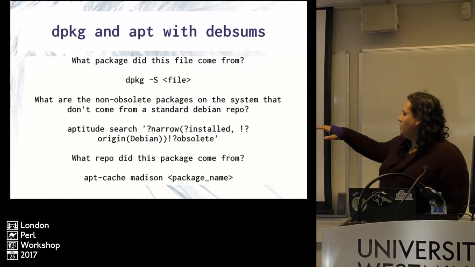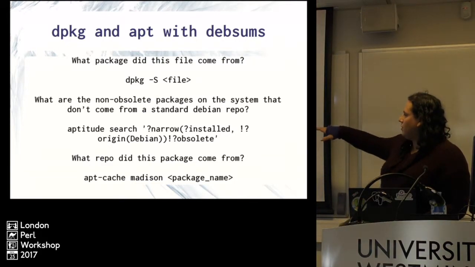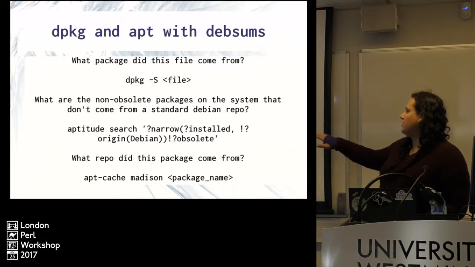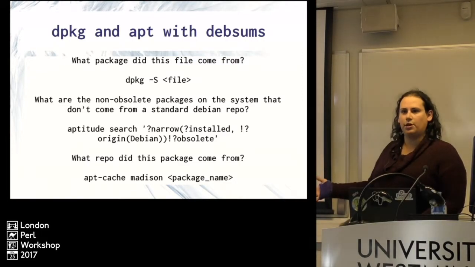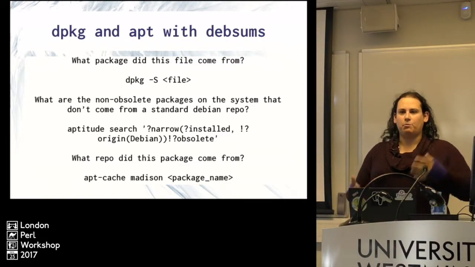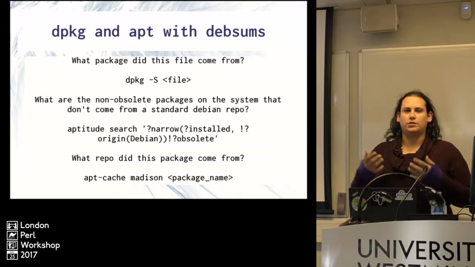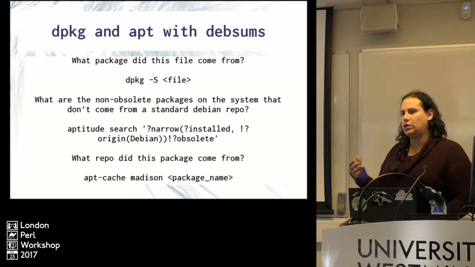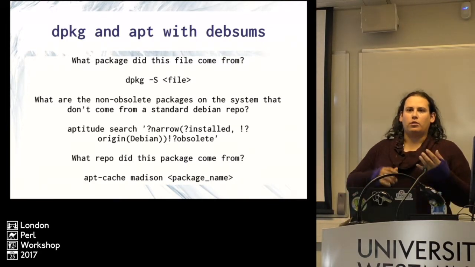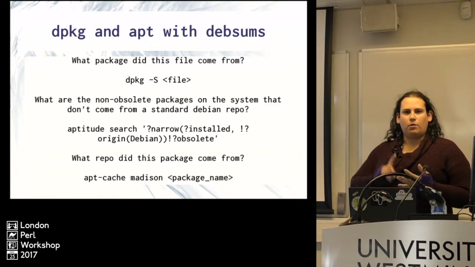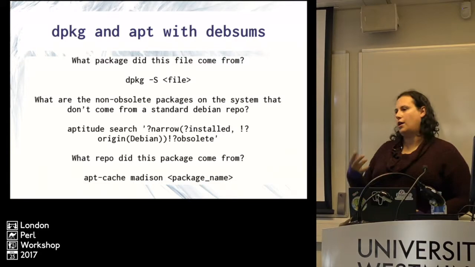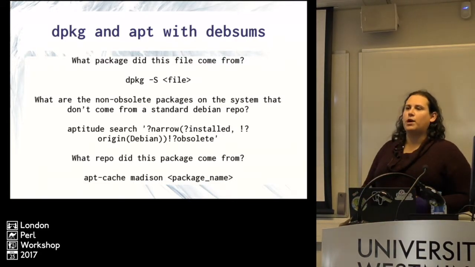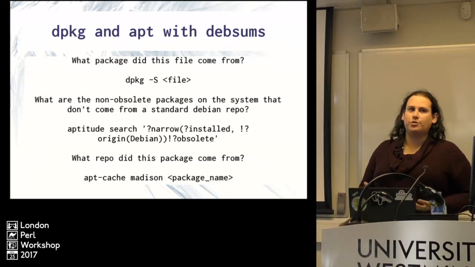And then after that, I tend to look at what are the non-obsolete packages on that system that don't come from a standard Debian repo. Because sometimes people will add in repos like, for instance, the Postgres repo, PGDG, or the Oracle MySQL repo, or the VirtualBox, or any number of other useful repositories. And there are a lot of them that are actually useful.